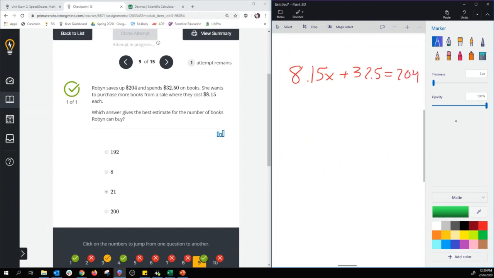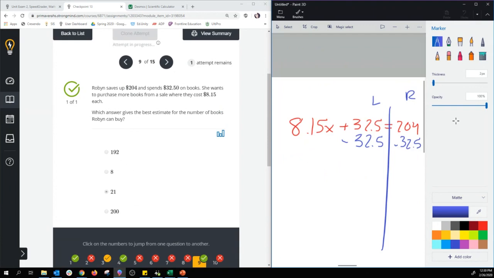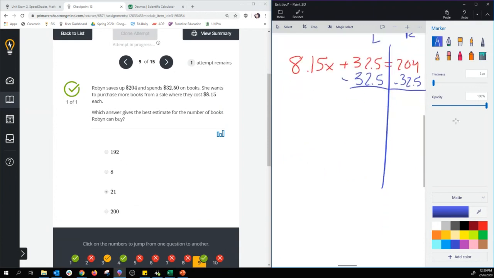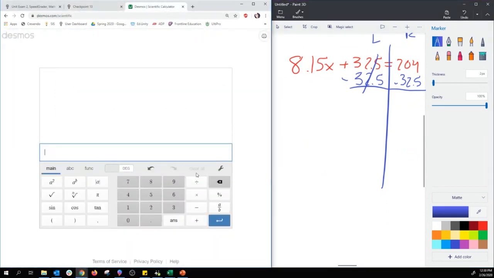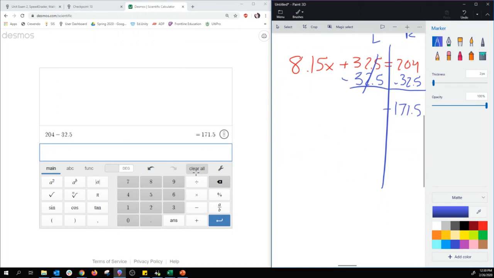Now remember, we can solve this equation using what we learned in our live session today, right, with my left and my right side. I want to do my subtraction first. So subtract 32.5 from both sides. This cancels away, and I can do my subtraction here. 204 minus 32.5, which is 171.5, and that's equal to 8.15x.